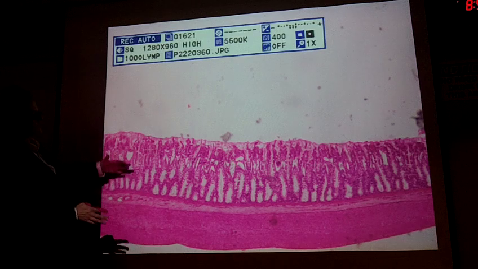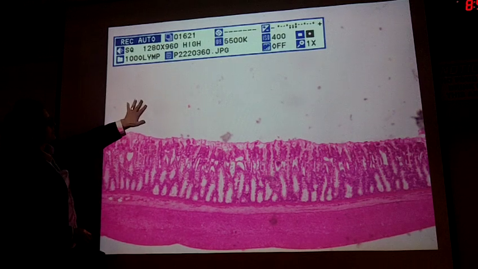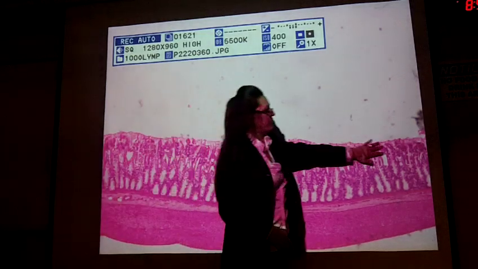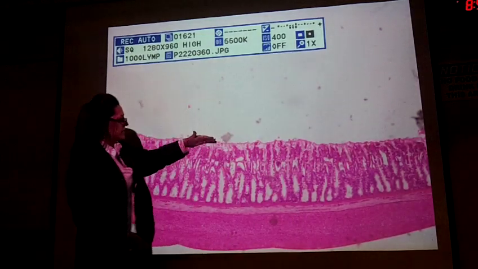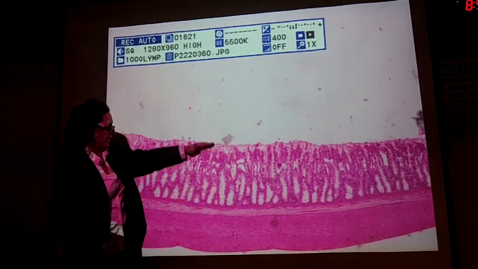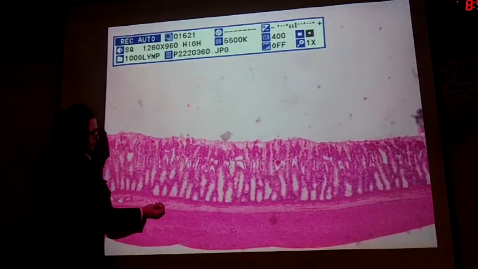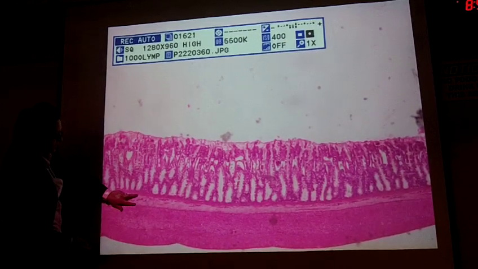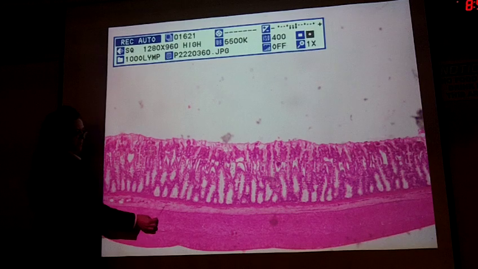So first of all, what you're looking at is, this would be the lumen here. This is your epithelia, and we'll magnify this in a minute. This is your mucosal tunic right here. You can even see the muscularis mucosa of your mucosal tunic. This would be the submucosa. It's pretty small here.